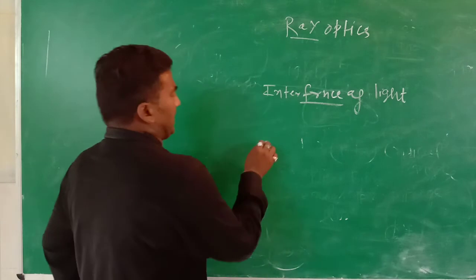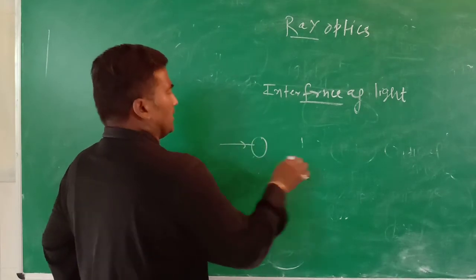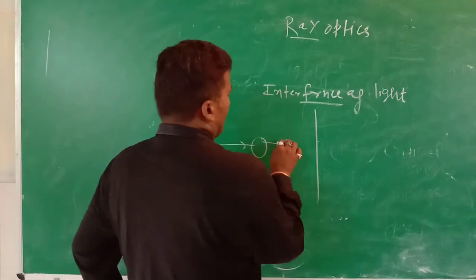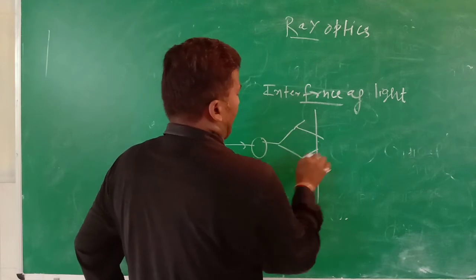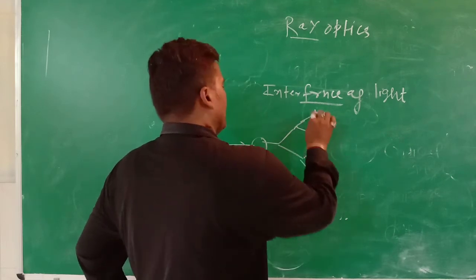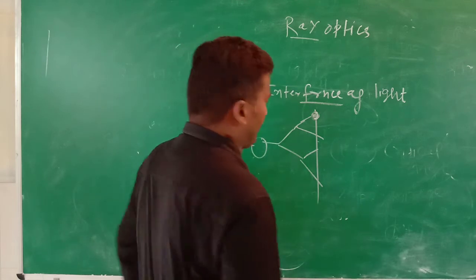When the ray of light passes through a small hole or point, it will be scattered in different directions at the screen. At that point, the intensity of light is low.